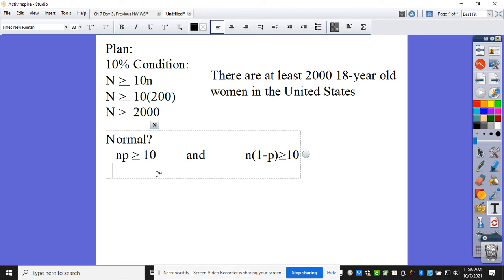All right, so my N here is what? 200, so 200 times 0.22. Makes this one 200 times.